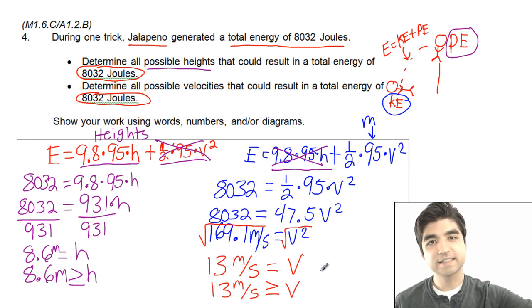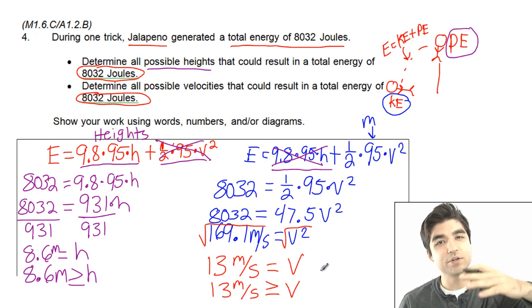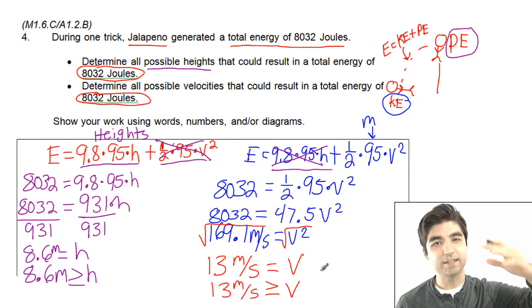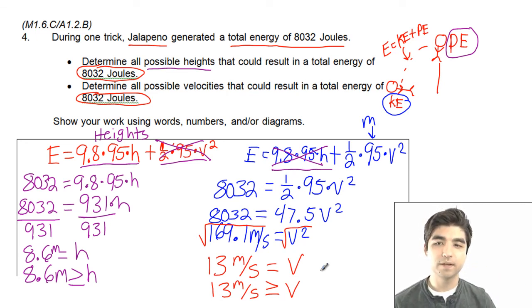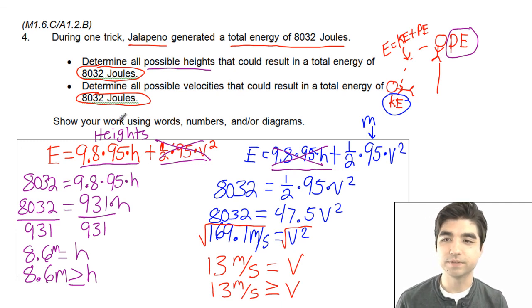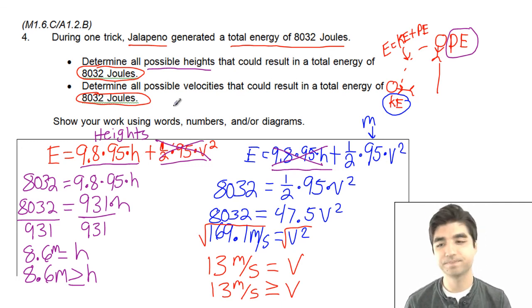As the wrestler, say time went backwards, as he starts going back up, he's going to lose velocity and gain more potential energy. So 13 meters per second is the fastest, and anything below that will also contribute to making the 8,032 joules.